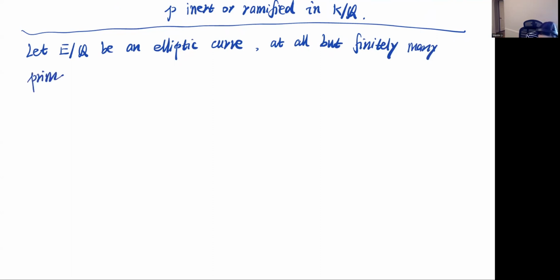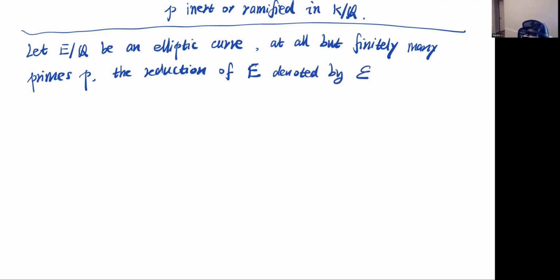primes p, the reduction of E, which we will denote by Ep, is smooth, an elliptic curve defined over Fp.